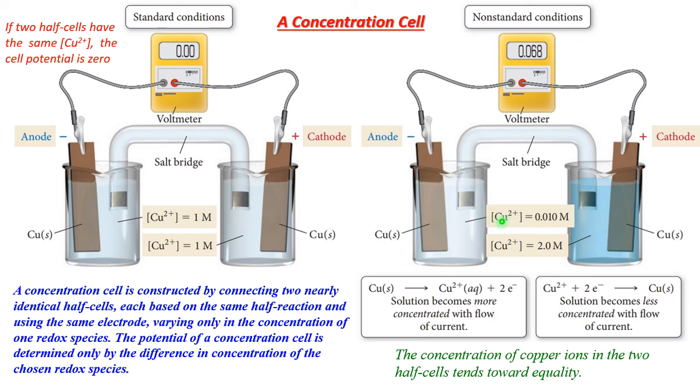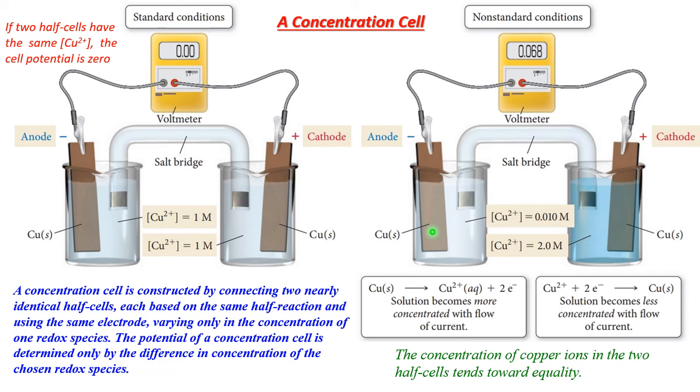So let's consider the cell on the right side. Here we have Cu2+ small concentration, and here we have large concentration of Cu2+. To become in equilibrium, the system wants to reduce Cu2+ here and to increase Cu2+ there. So what happens?